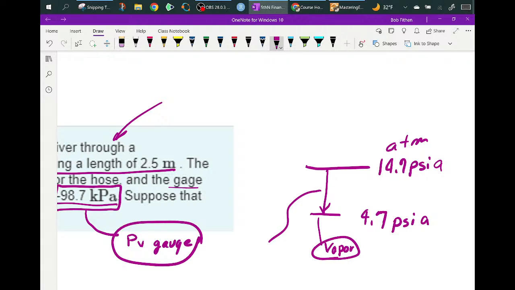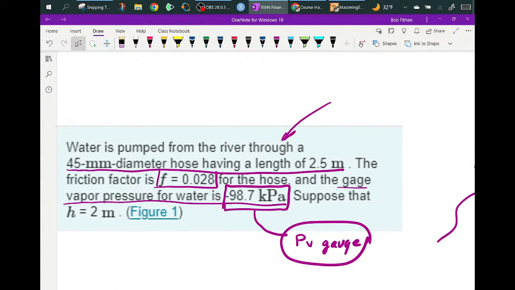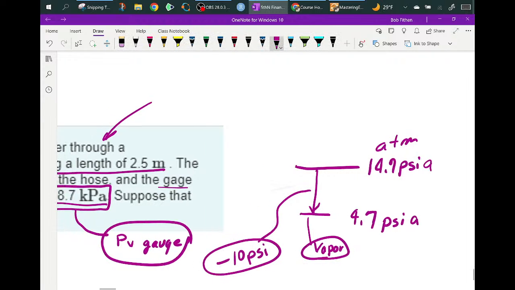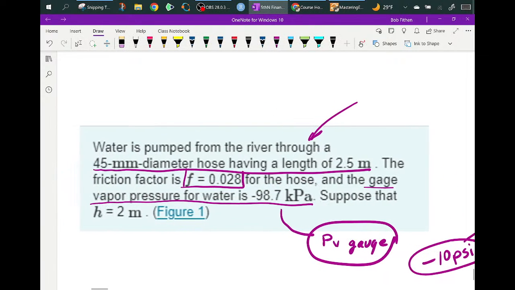The water vaporized here, so it's going to have to be a higher temperature than 80 degrees, and he doesn't tell you the temperature here. Then this is actually minus 10 psi gauge, which usually a G is not written there. So this is a vapor pressure that is a gauge pressure.